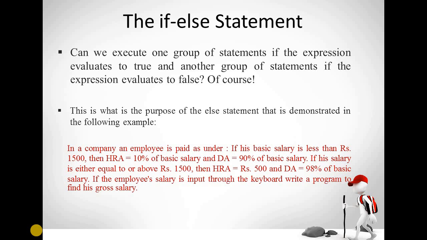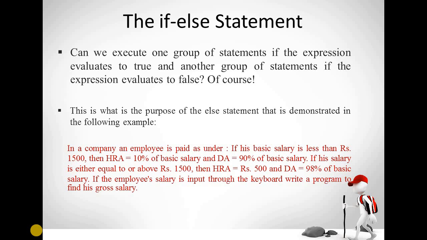So what we have to do is calculate the gross salary of the candidate. Okay, so just revise this. If there is one employee and he wants to calculate his gross salary, there are certain conditions. If his salary is less than 1500, then HRA is 10% of basic salary and DA is 90% of basic salary.